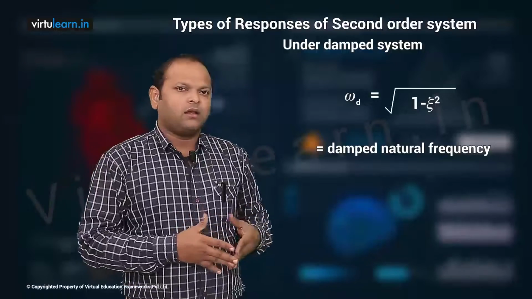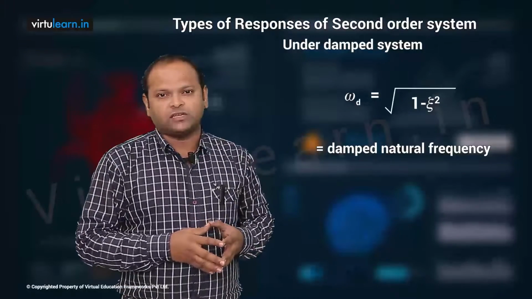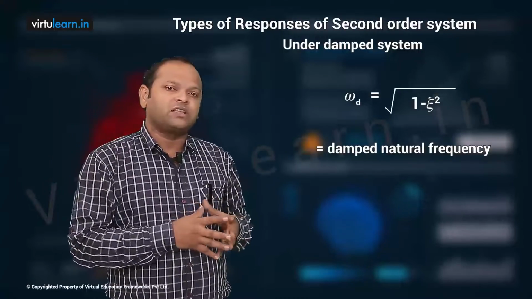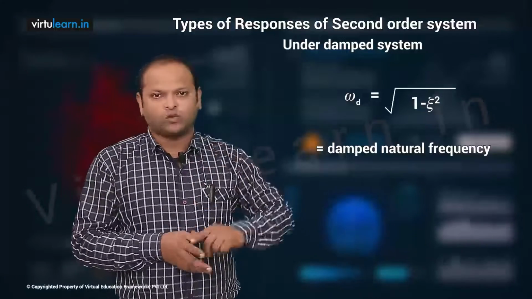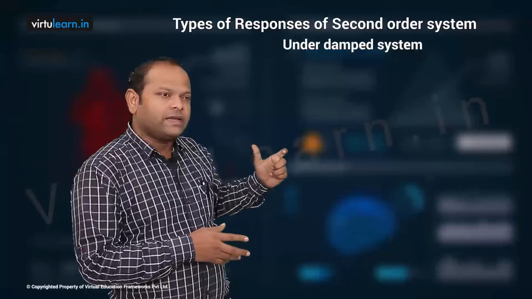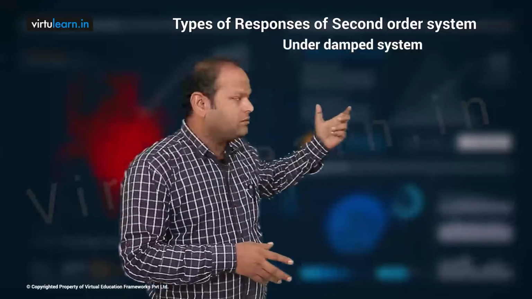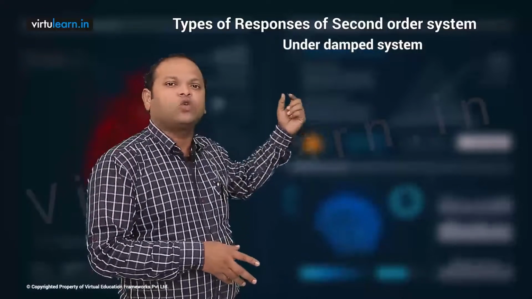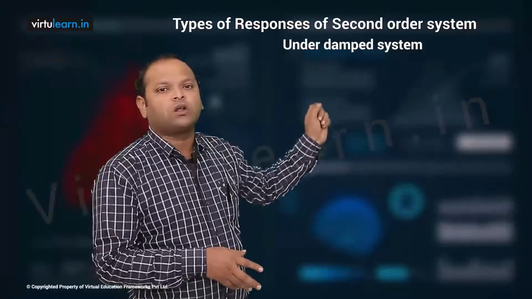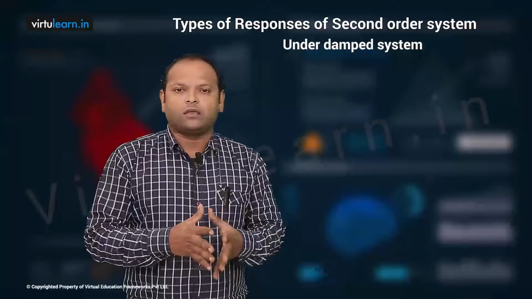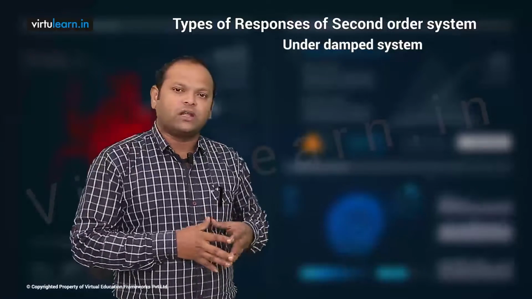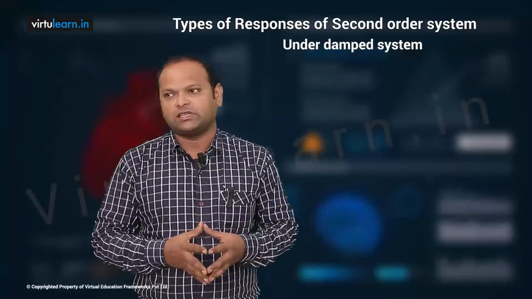What is omega n? The undamped natural frequency. That means when the system is undamped, the frequency of oscillations is omega n. Now in this case we take another frequency, omega n into the square root of 1 minus zeta square, and it is called omega d. So omega d stands for the damped natural frequency.